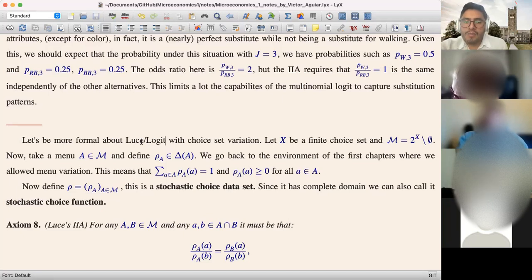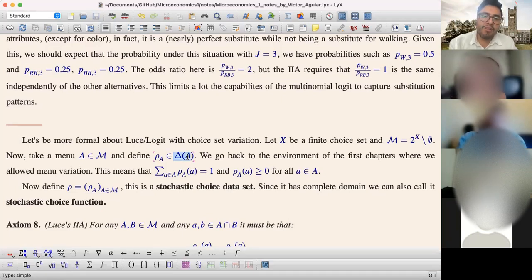And now let X be the finite choice set, right? And to use the notation in our previous chapter, now introduce a collection of menus. Menus are, of course, equal here to the power set minus the empty set. Now take a menu A and define the following object. So who recognizes the symbol? This is a simplex, right?